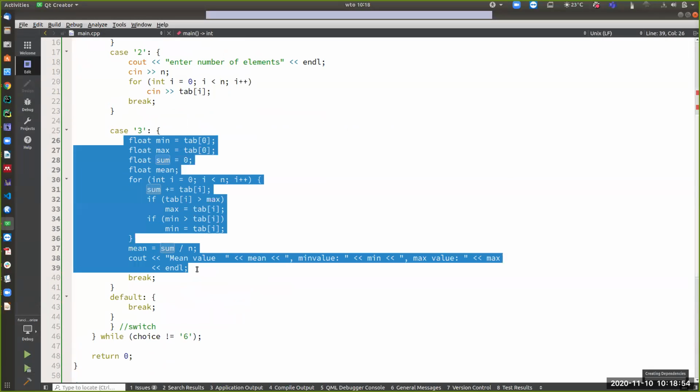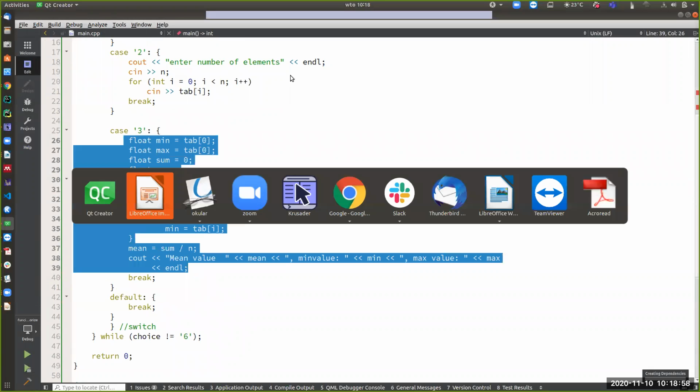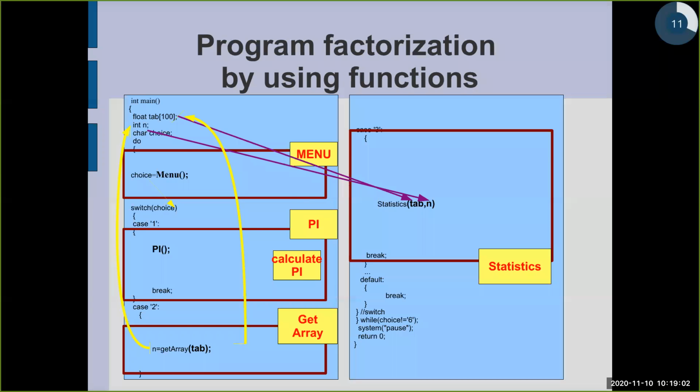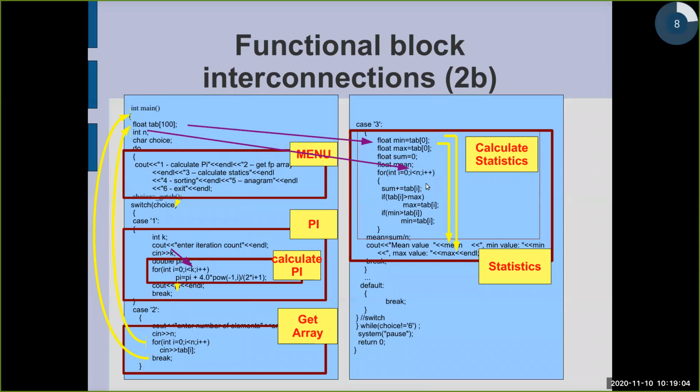Let's think about this block. Regarding the interrelations inside this block, we have two arguments, so two inputs, tab and number of elements, and we have several outputs like mean, max, and so on.